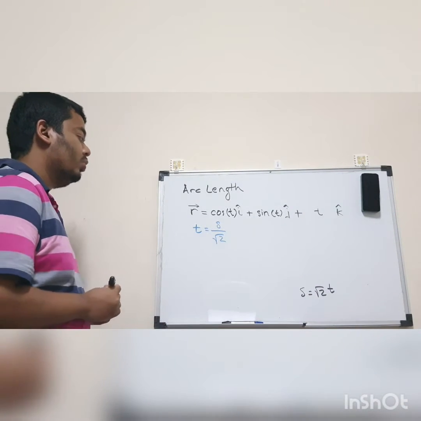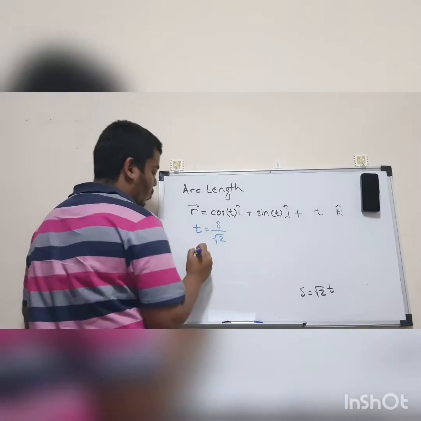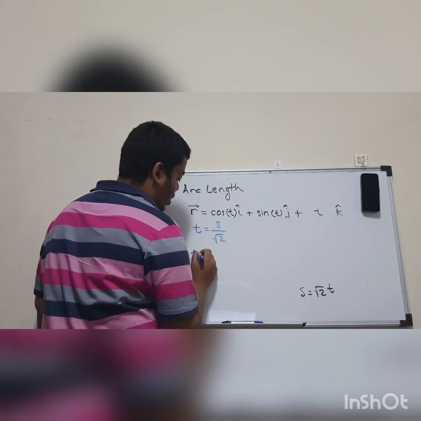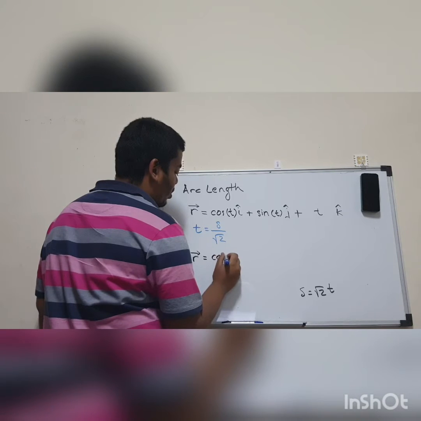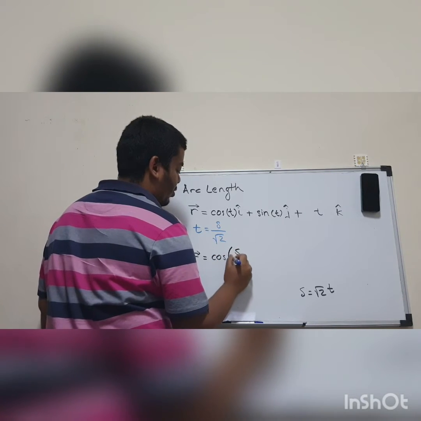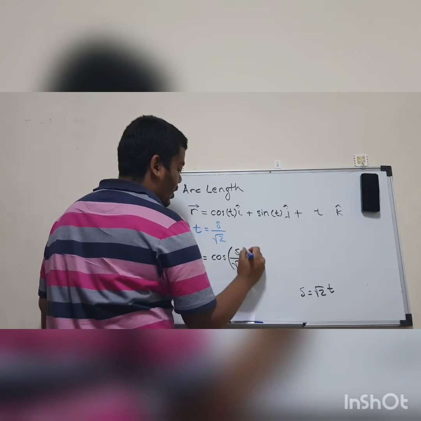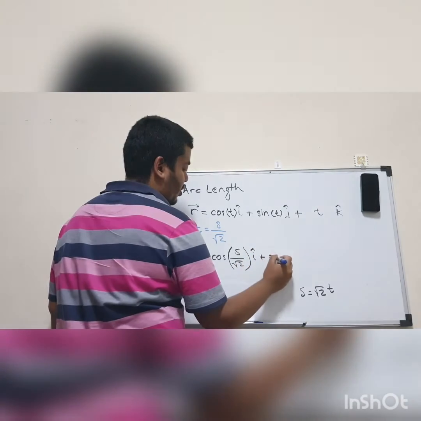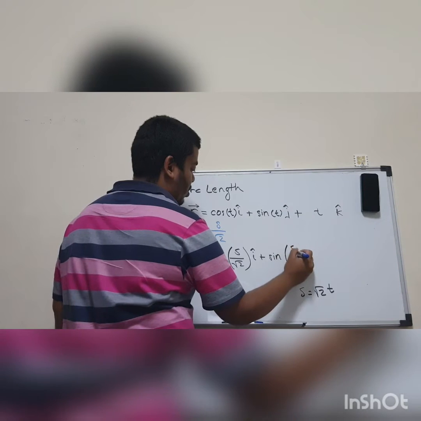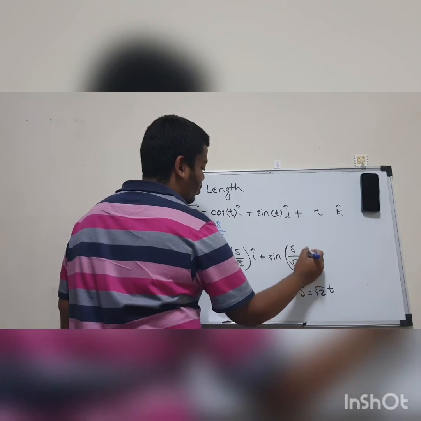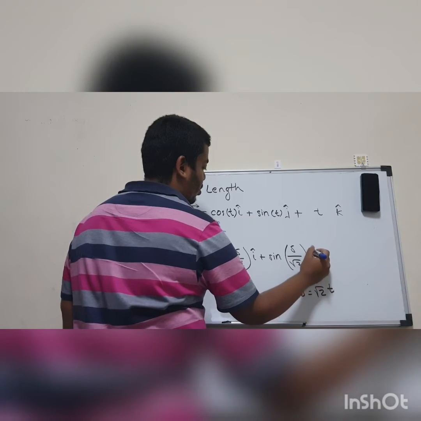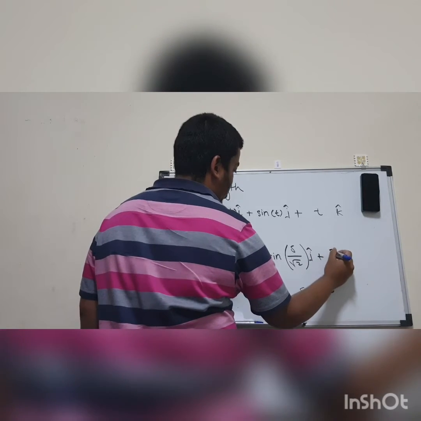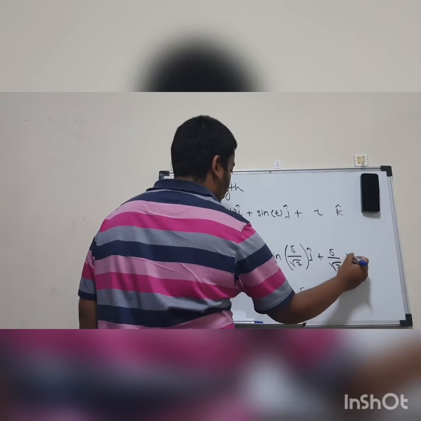And now what we can do here is reparameterize the equation, write the equation as r is equal to cos of s over square root of 2 i plus sine of s over square root of 2 j plus s over square root of 2 k.